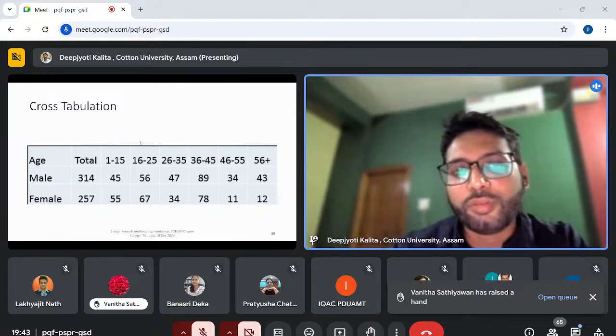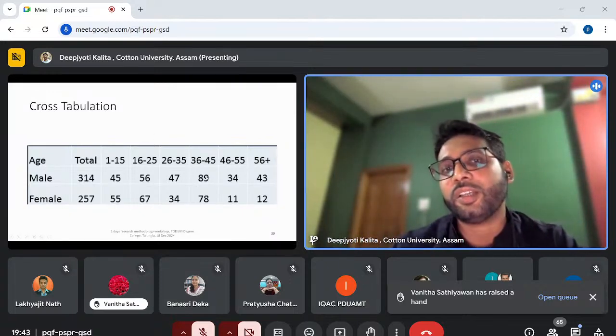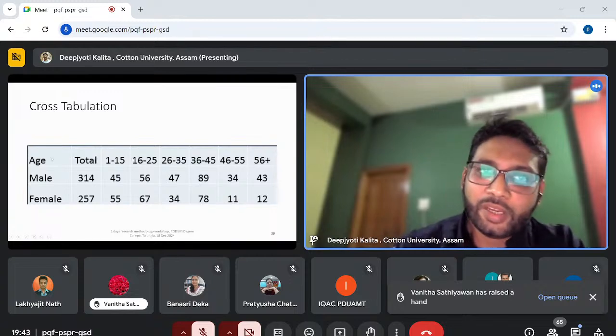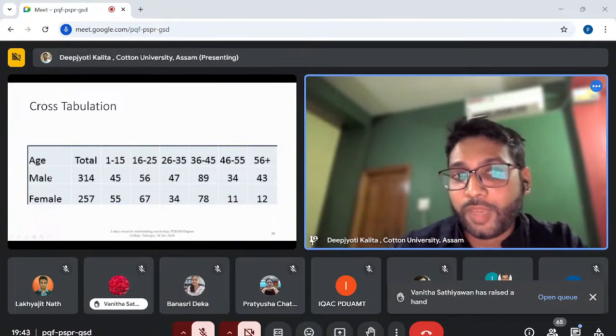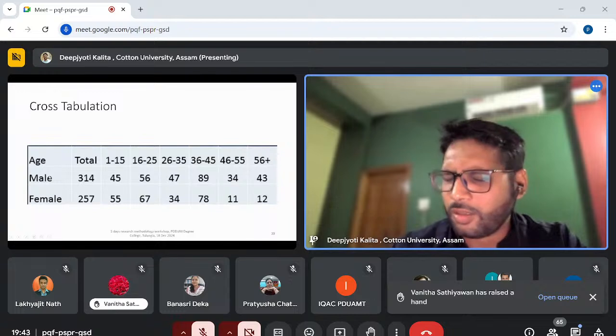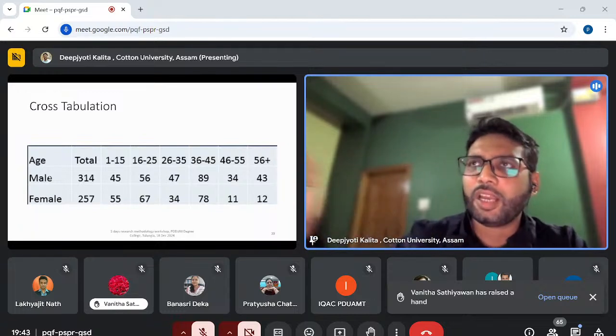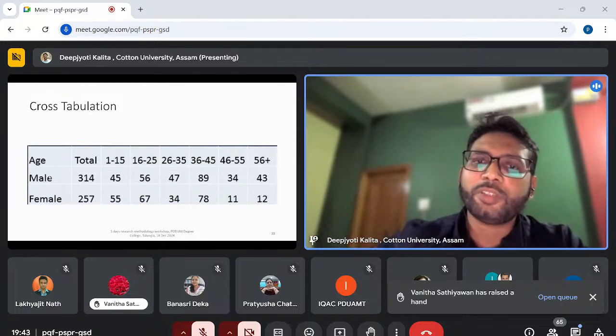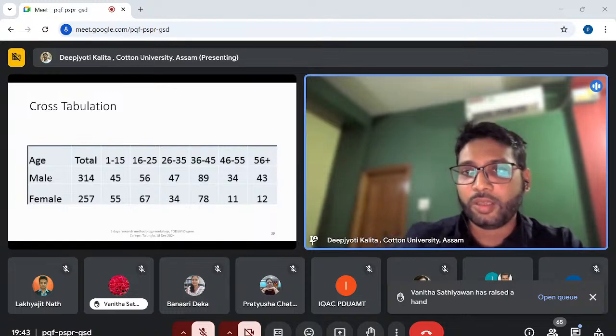Cross tabulation is where we make a detailed breakup of the data. Suppose I have an age question and a male and female gender question. I will respond that my age is 20 and I am male. Another person will respond that their age is 18 and they are female.